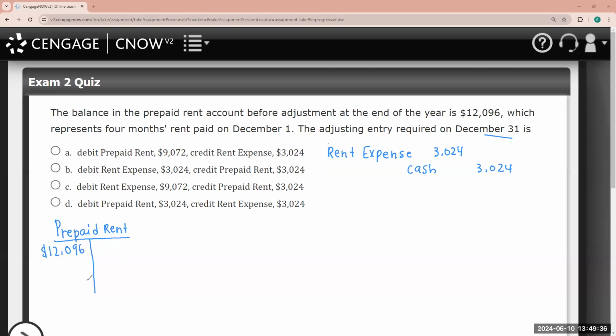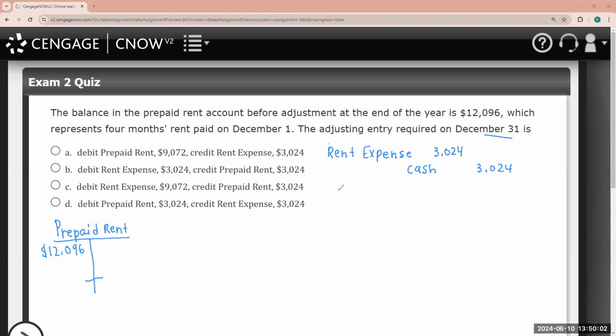At the end of December 31st, our prepaid rent account can no longer show $12,096 because that would be incorrect. Again, as we learned in Chapter 3, before the financial statements can be issued, we need to ensure that the balances in the accounts are accurate. So this is one of our adjustments. We are adjusting this deferred expense, aka prepaid expense.